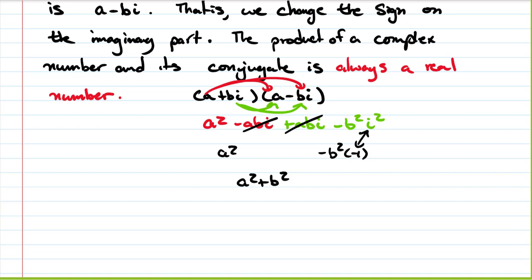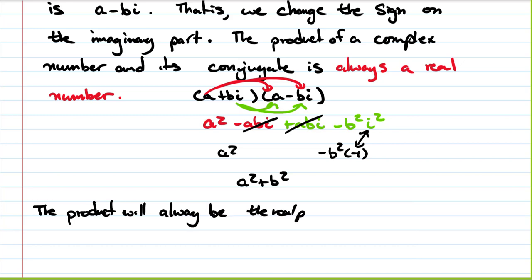Notice all of the i's reduced out, and it will always be the real part squared plus the imaginary part squared. And that will happen 100% of the time.